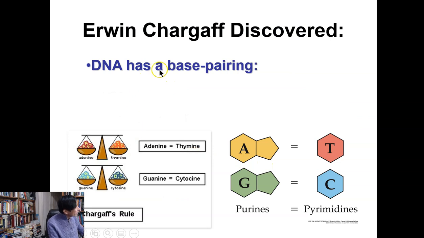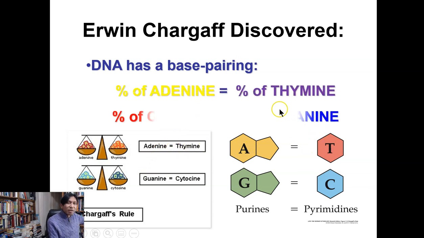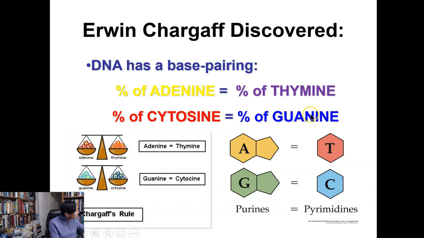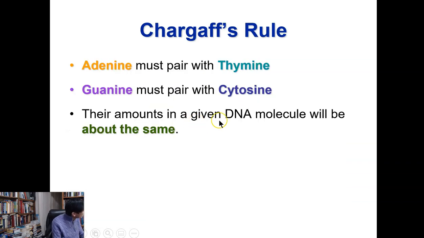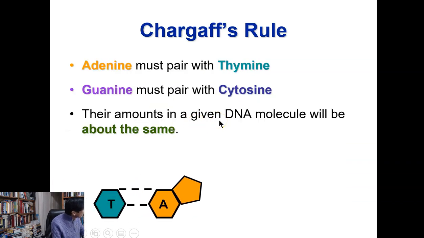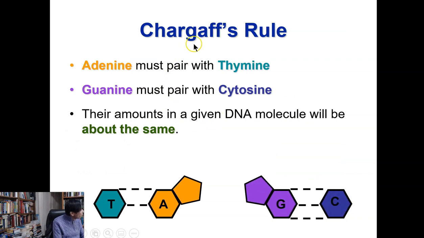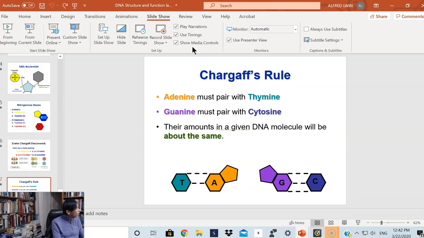Erwin Chargaff discovered that DNA base pairs come in specific amounts: the same percentage of adenine pairs with the same amount of thymine, and the same amount of guanine pairs with the same amount of cytosine. That's Chargaff's rule.